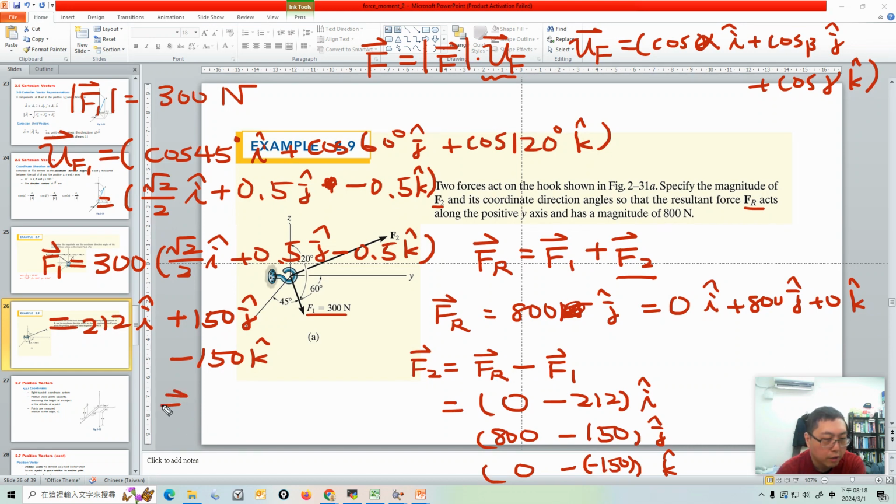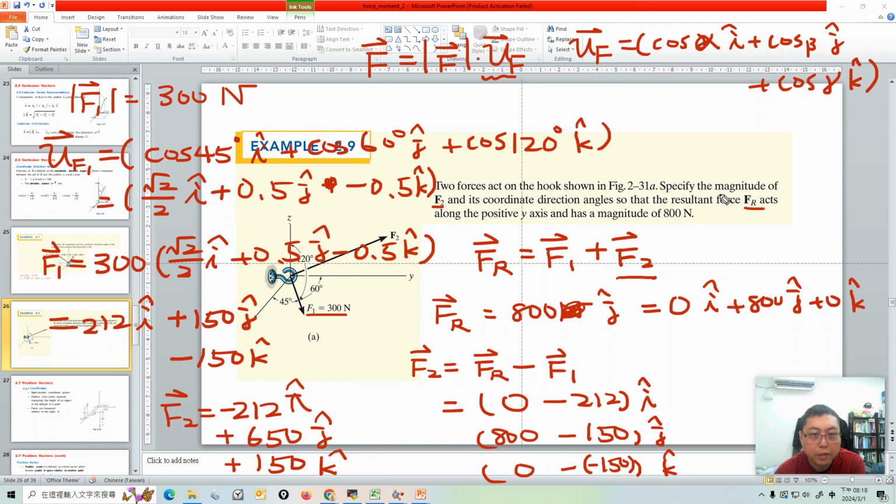So finally we got our force two vector: minus 212i plus 650j plus 150k.